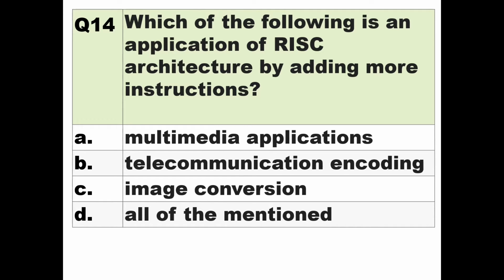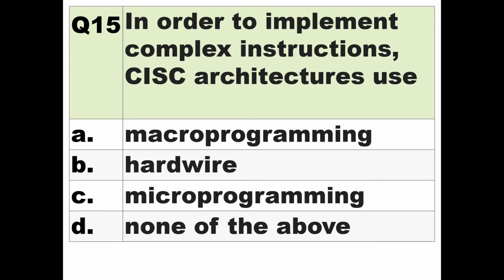All of these can be done by RISC architecture by adding a few specialized instructions to it. So here the answer should be all of the mentioned. Option D will be the correct answer here.